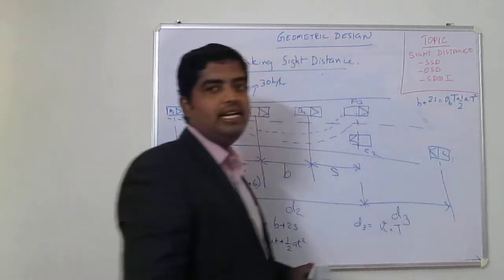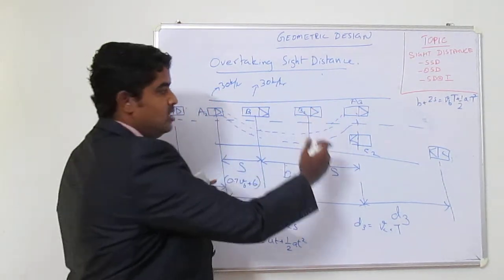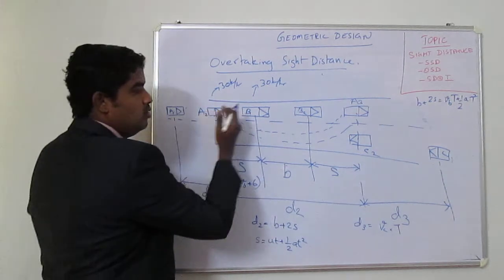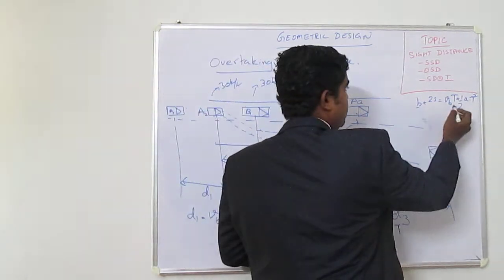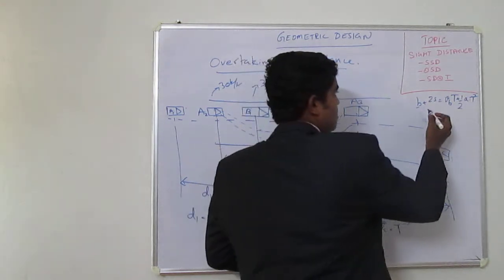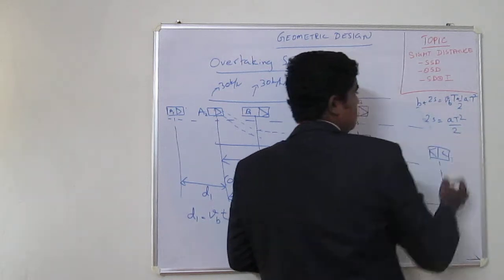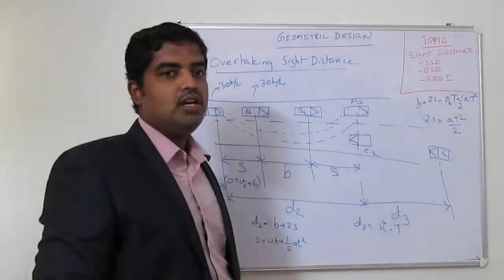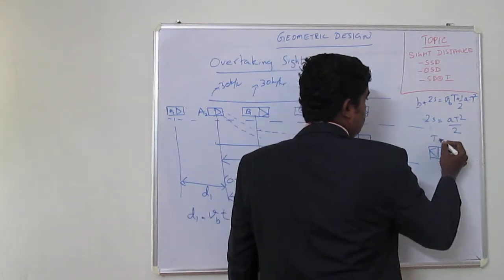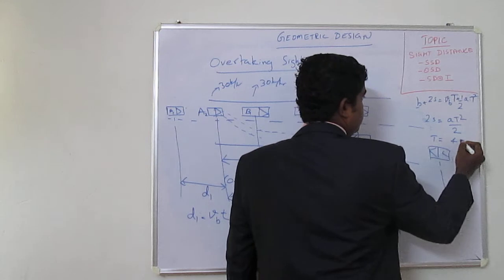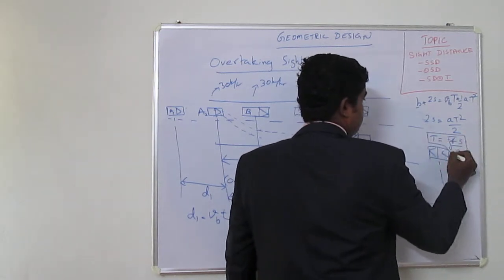So here capital T denotes the time from A2 to A3, that is the overtaking time, that is C1 to C2, A2 to A3, that is the capital T. So if you equate it, b we know is VB into T, isn't it so? So 2S is nothing but AT square by 2. 2S is nothing but AT square by 2. So if you want to know the value of T, then you can calculate it as the square root of 4S divided by A.